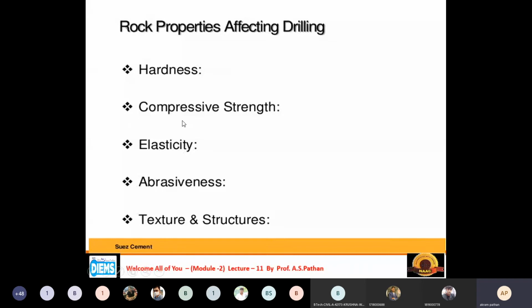Hardness, then compressive strength, then another factor, elasticity, then abrasiveness, then texture and structure. These are the parameters which will affect the drilling. So anybody tell me what you mean by hardness, compressive strength, elasticity, abrasiveness, structure and texture?